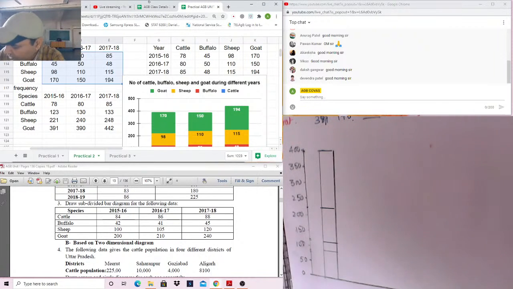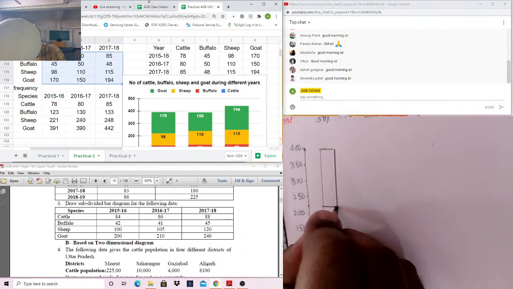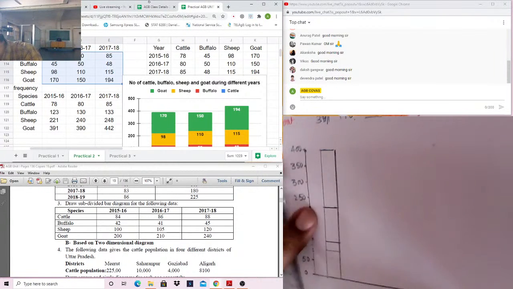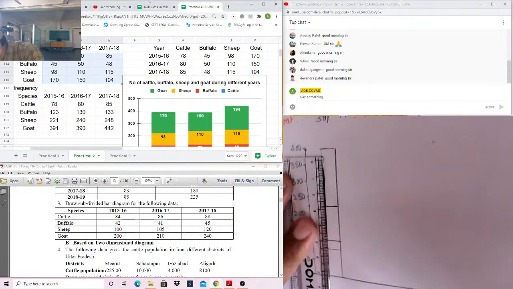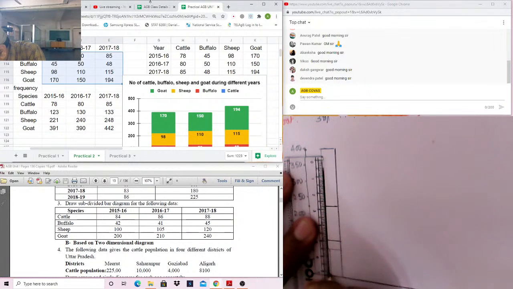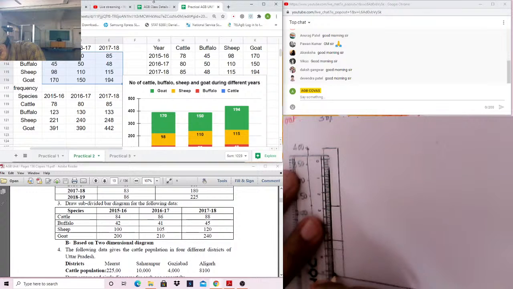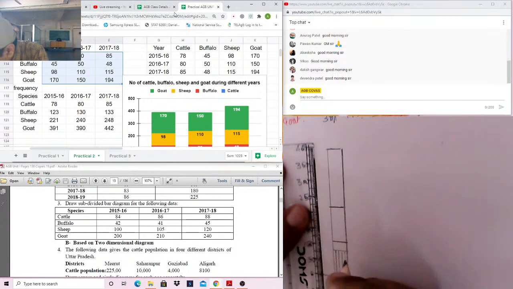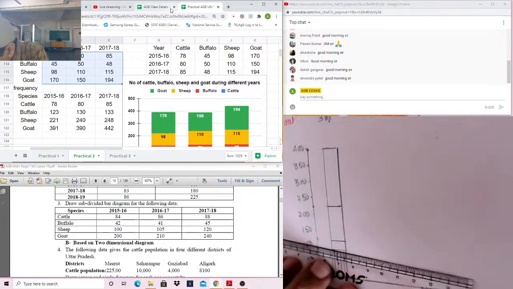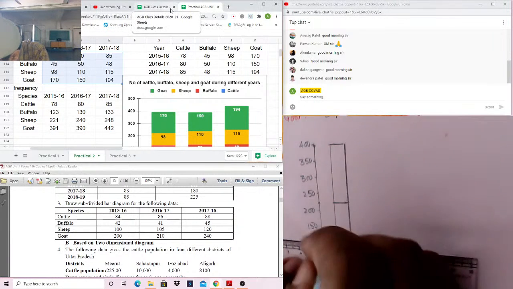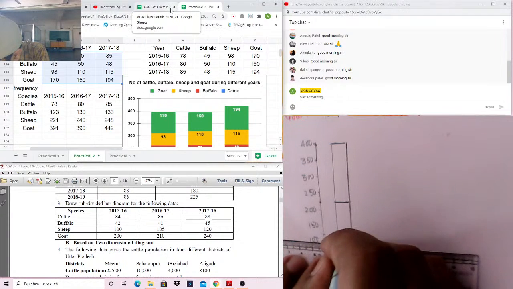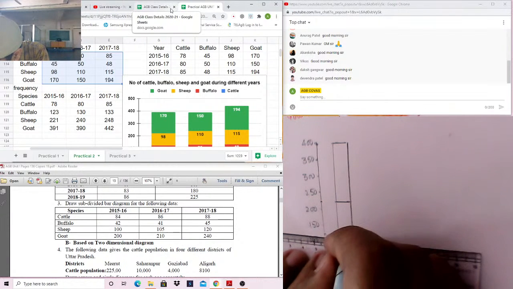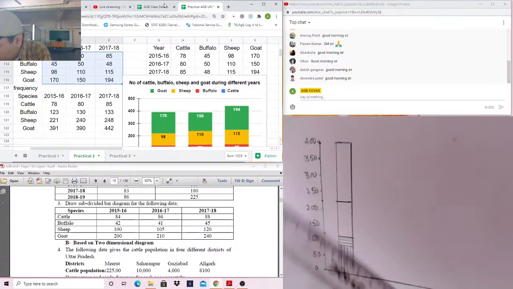So this constitutes your subdivided bar diagram, and we will shade them differently. So let it be parallel lines. Okay. Now let it be with horizontal lines so that we can differentiate from one another.